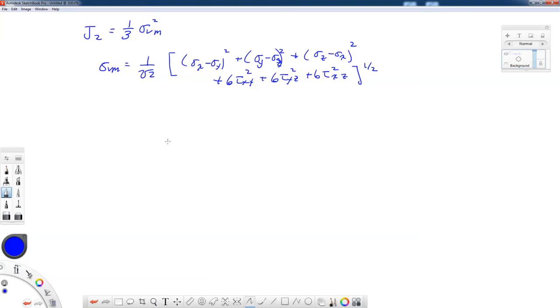At initial yielding, one half Sij Sij is equal to 1/3 of sigma naught squared.